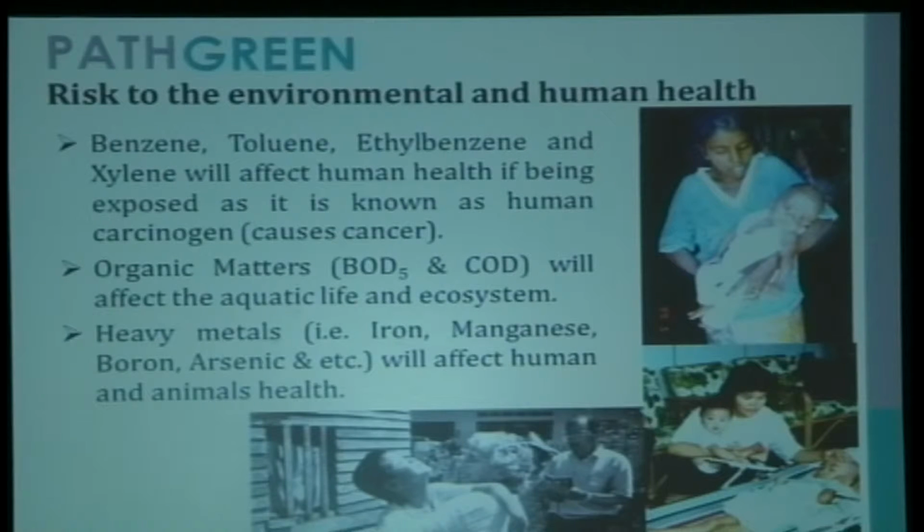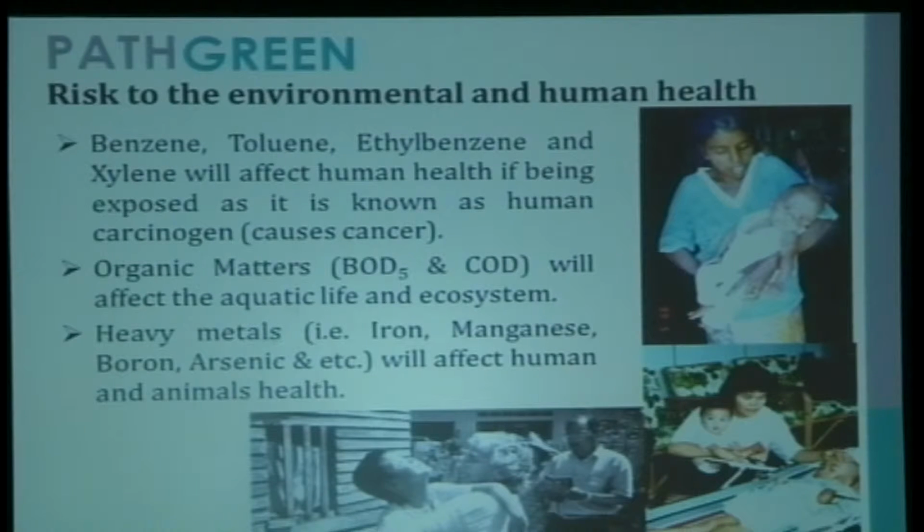What are the risks to the environment and human health? We might not be able to see it overnight, these contaminants that will contaminate your land, your water, or air. But these are the facts: it will grow into effects on human health. You can see some of the pictures here.